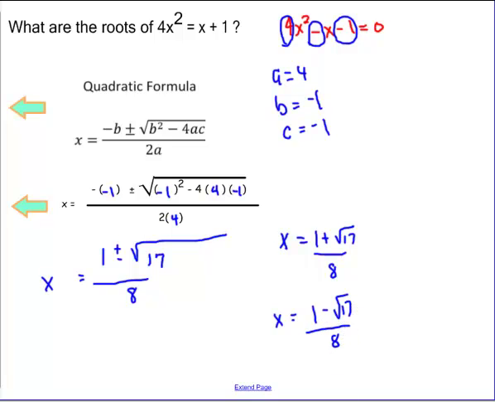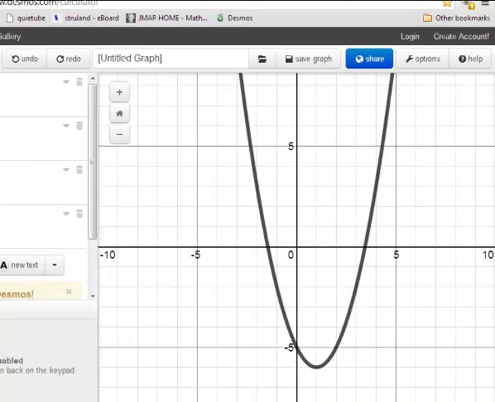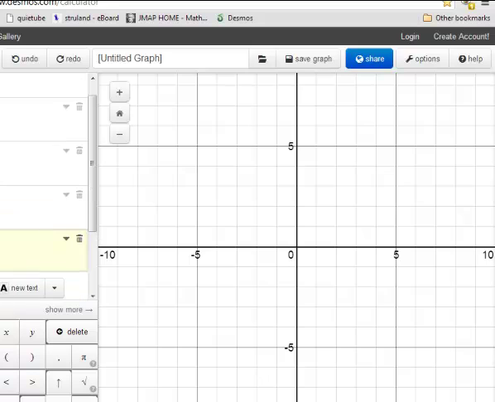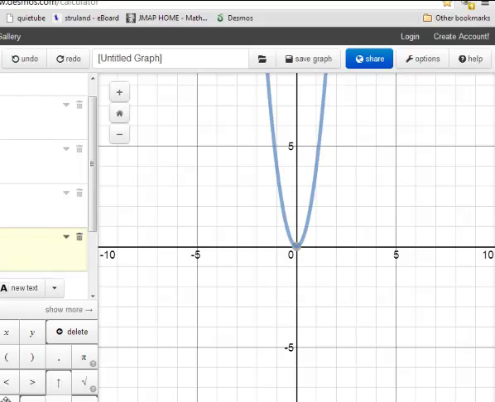Now, let's come over here to our graphing calculator, and let's put that in and see what happens. So I'm typing in 4x squared minus x minus 1. And there's my graph. All right, so let's see.